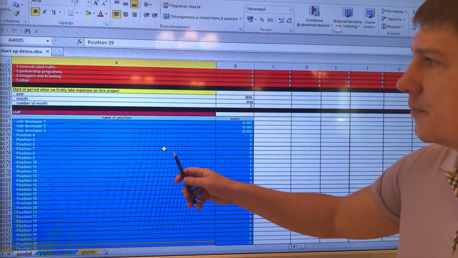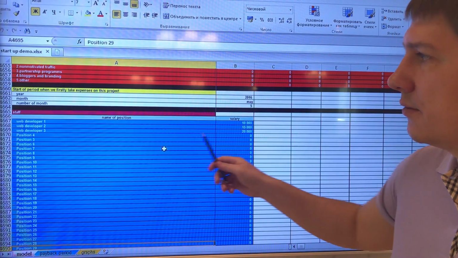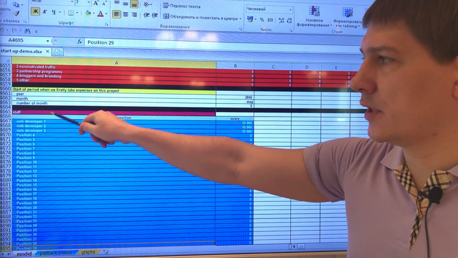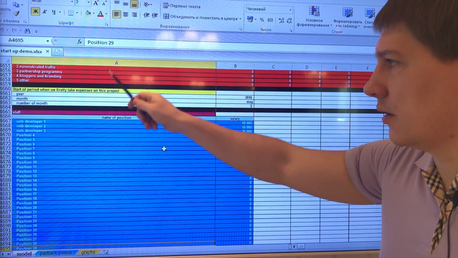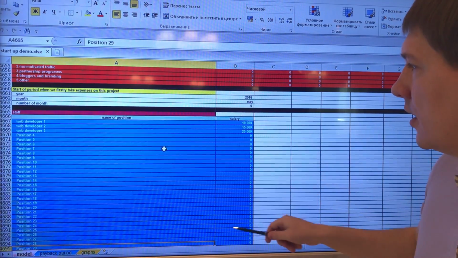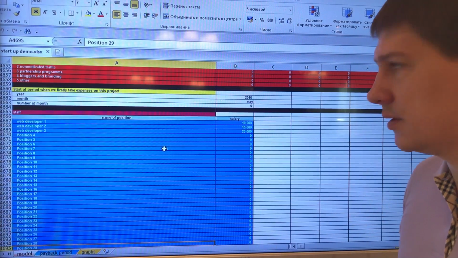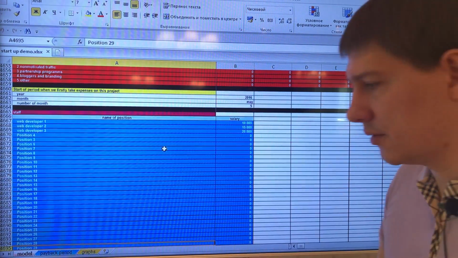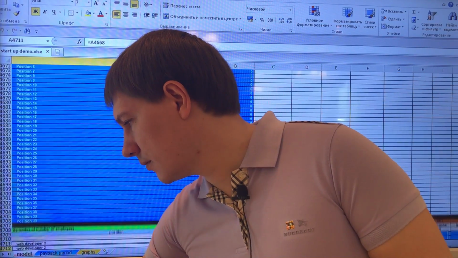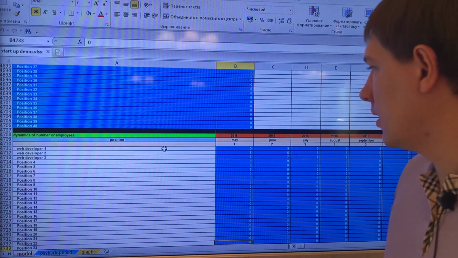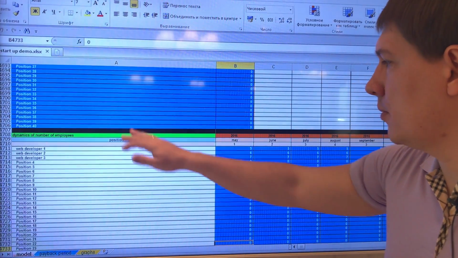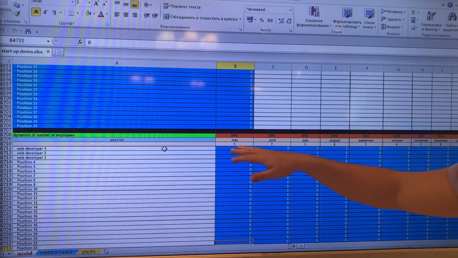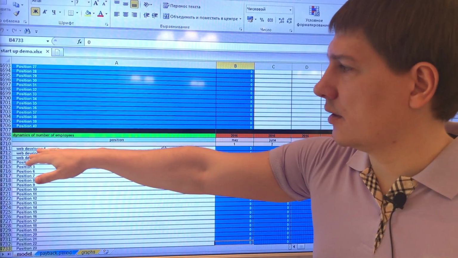Then we have a table with staff. Here we put the position, the name of the position, for example, web developer 1, 2, 3, SEO, and so on, and the salary amount that we pay to the person who fills this position. Then we have a timing where we put the number of people in every position.